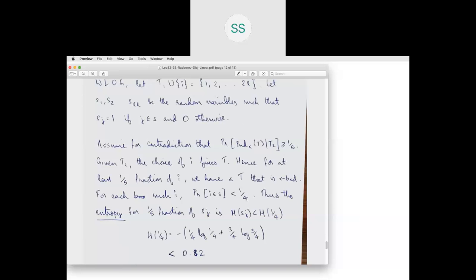The entropy of a random variable that is 90% 1 and 10% 0 is low. But the entropy of a random variable that is 0 with half probability and 1 with half probability is 1. So the closer it is to 50-50, the higher the entropy, and the maximum entropy of a 0-1 random variable is 1.